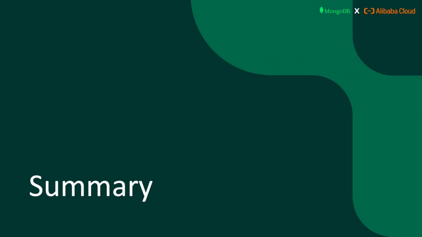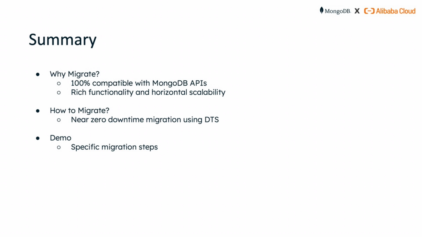Okay, summary. To summarize our discussion today, there are 3 parts. First is why migrate. We have shown that migrating to MongoDB provides 100% compatibility with MongoDB APIs, which significantly reduces development effort. And you also gain access to rich functionality, like vector search, full text search, and horizontal scalability.